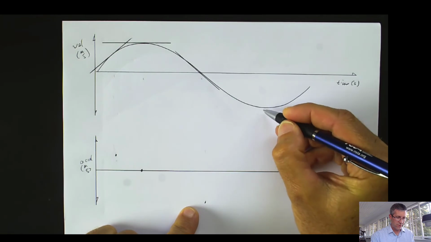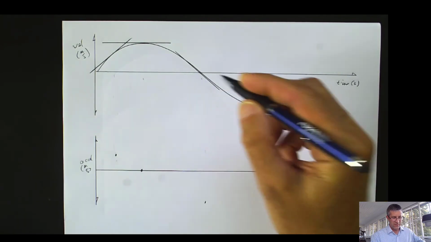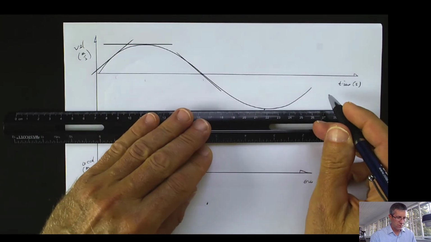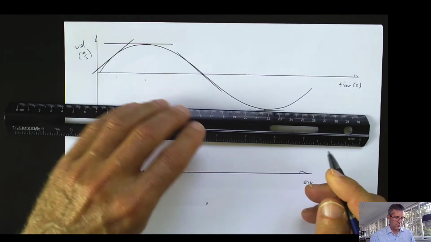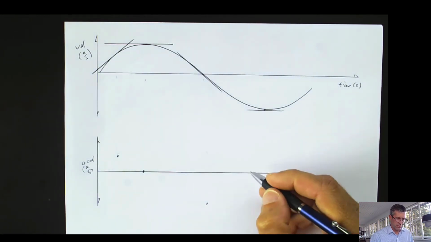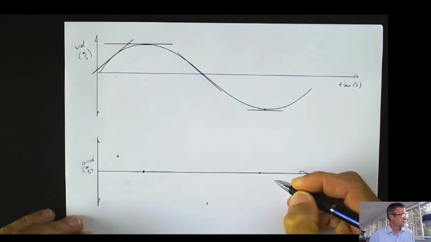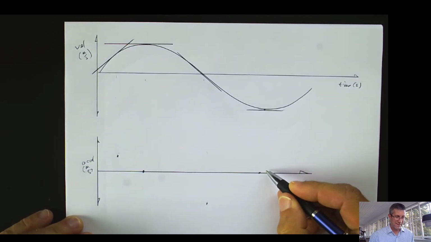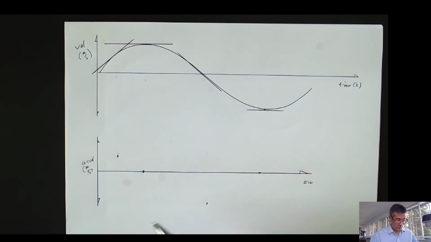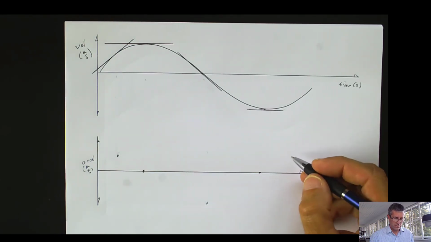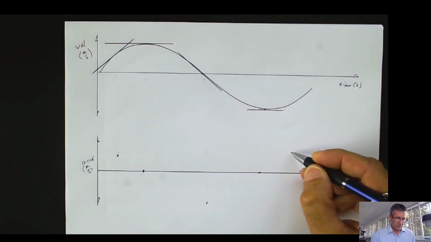Then what happens here? I have negative acceleration going to 0, so my acceleration now is going to return to 0 at this point. So my acceleration is increasing. My rate of change of acceleration is going to be positive, and overall acceleration is increasing. So then I'm going to end up with something positive over here.